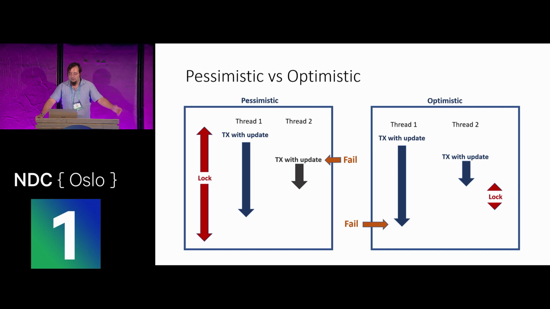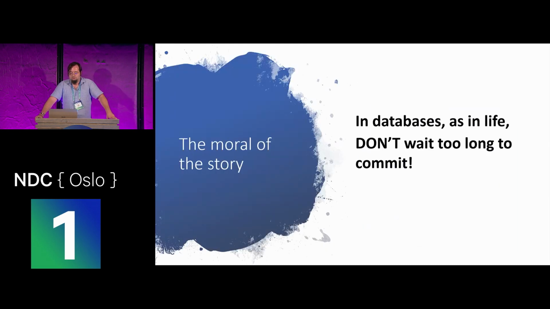In general, you shouldn't keep a transaction open for too long, because very long transactions will either lock data and keep others from updating it, or they increase the chance that they will get rolled back because some other short transaction updated the data.